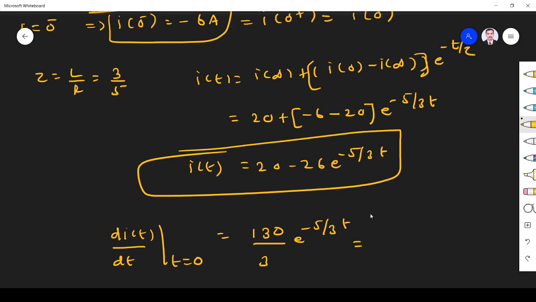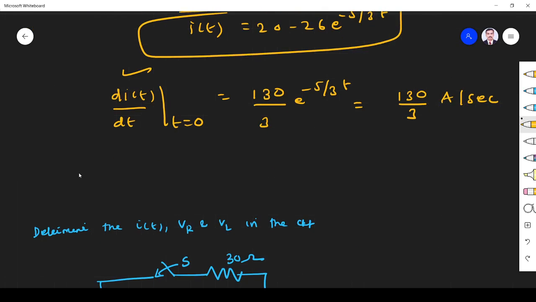When you substitute t equal to 0, it becomes 1. So it will be 130 by 3 ampere per second. Why is it ampere per second? Current is ampere, t is second. So the unit is 130 by 3 ampere per second.